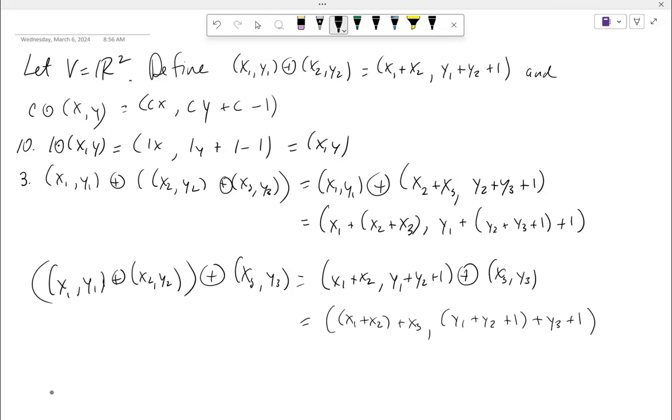Yeah, plus an extra 1 on the end. Good. So again, in the second component, we add the two second components and then stick an extra plus 1 on the end. Right? Are these two things the same? I think they are, aren't they?